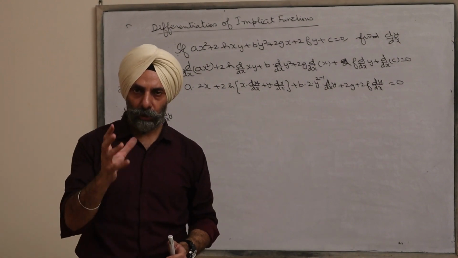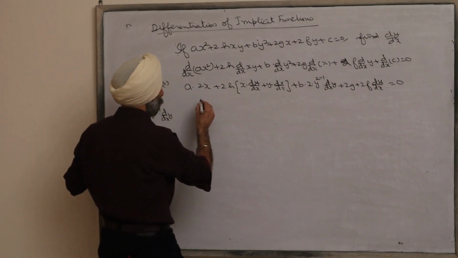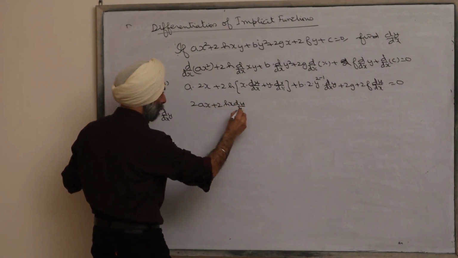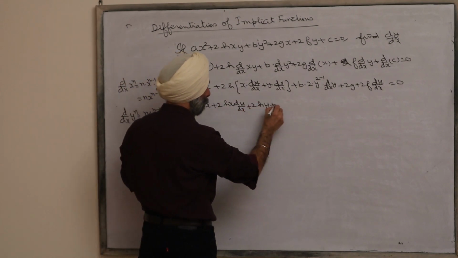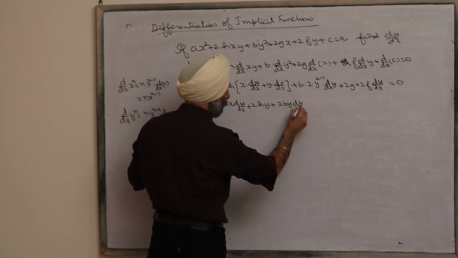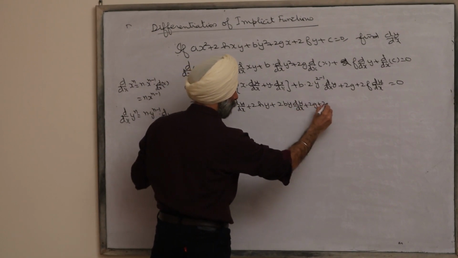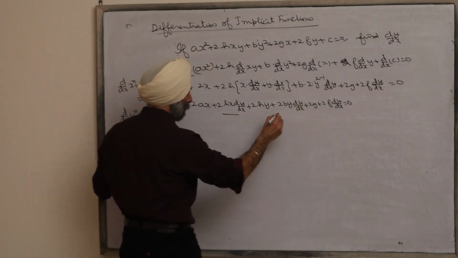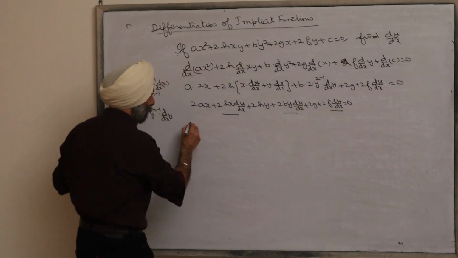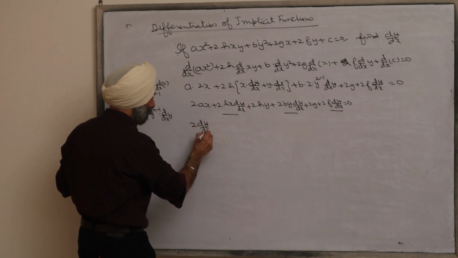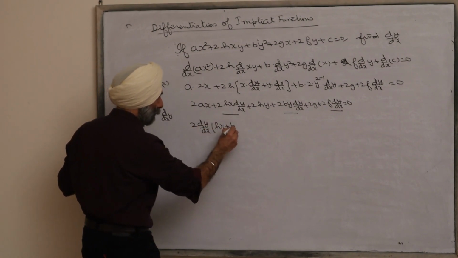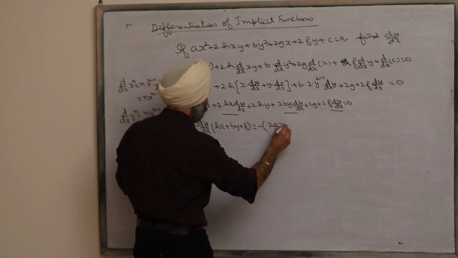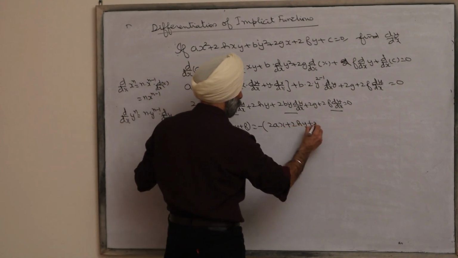So separate the terms containing dy over dx. It is 2ax plus 2hx dy over dx, 2hy plus 2by dy over dx plus 2g plus 2f dy over dx equals 0. Now this is one term, this is the other term, this is the third term. So 2 times dy over dx into (hx plus by plus f) is equal to minus of (2ax plus 2hy plus 2g).